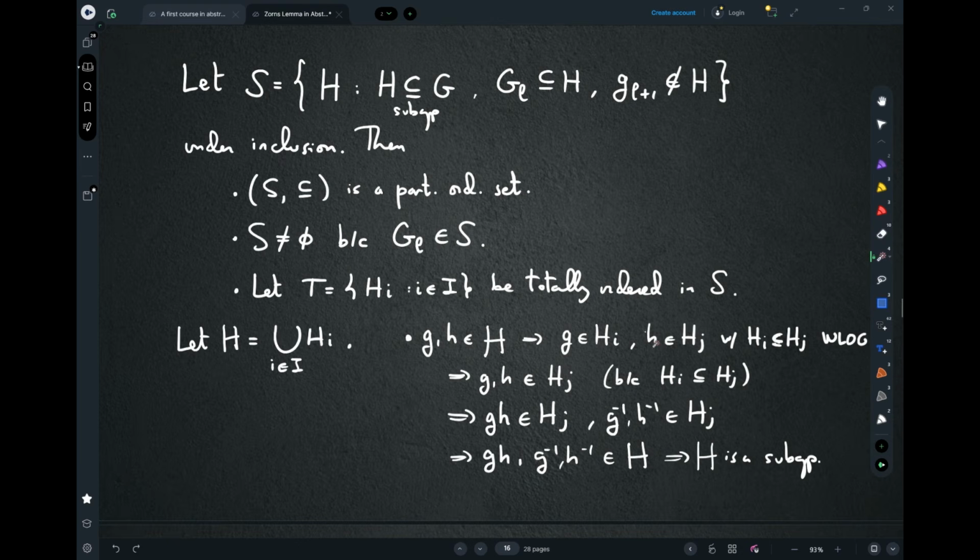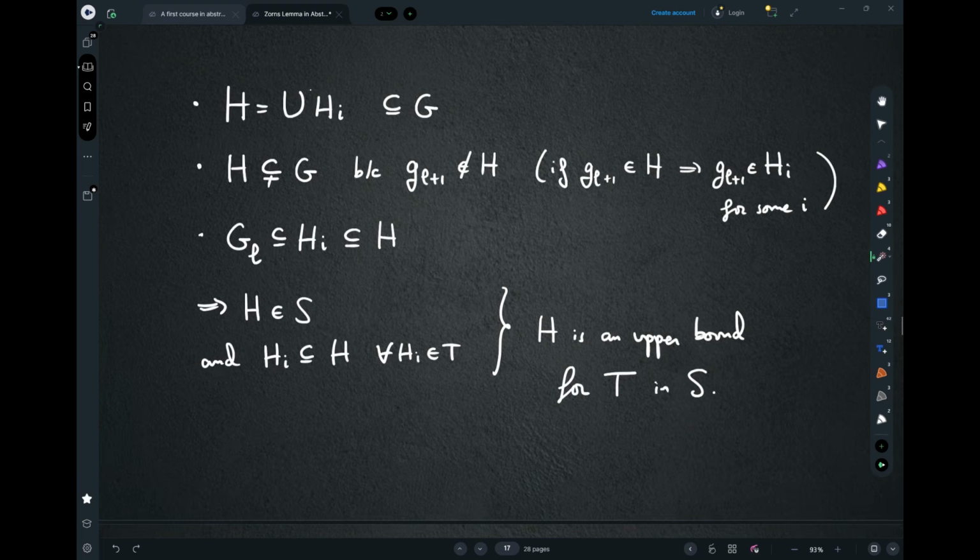Then both g and h are in H_j. And H_j is a subgroup because it's part of S, so the product gh and the inverses have to be in H_j, but H_j is also in H, so the product and inverses are contained in H. So H is closed under products and inverses, so H is a subgroup of G.